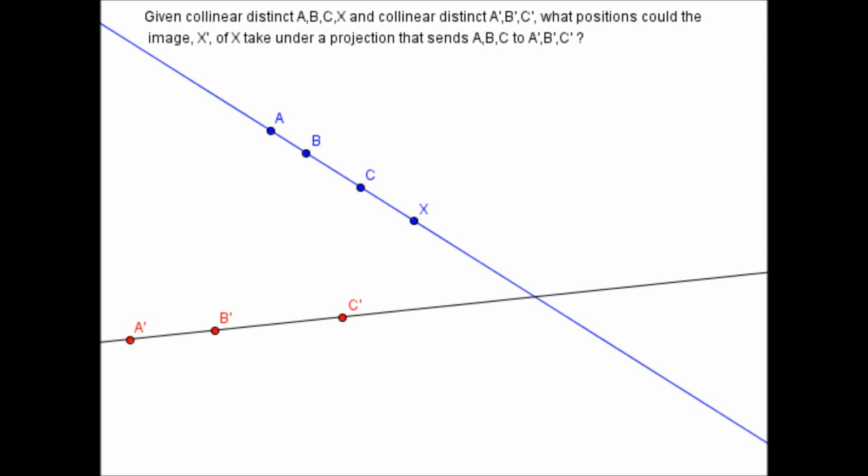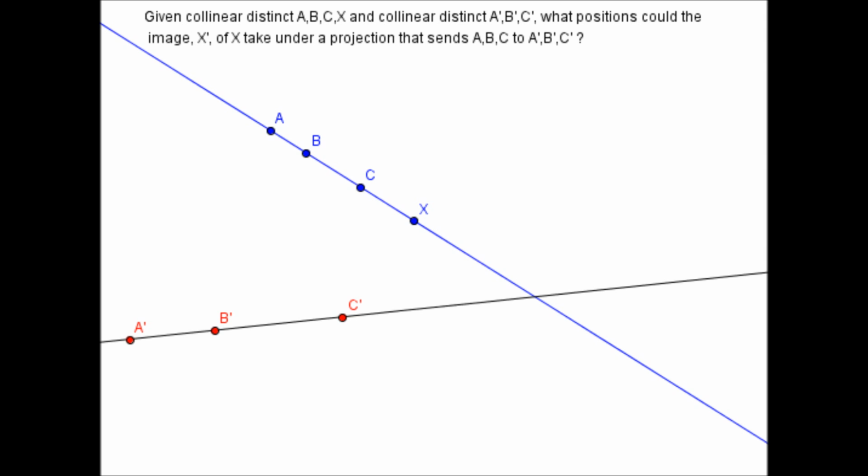So to find this projectivity that puts the points in correspondence in the proper way, one way to do it is to do this projectivity as a sequence of 2 perspectivities. Firstly, we're going to have to make an intermediary line, a kind of halfway house between our starting points and our finish points.